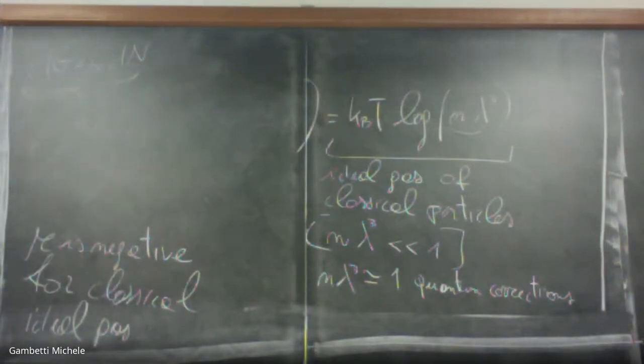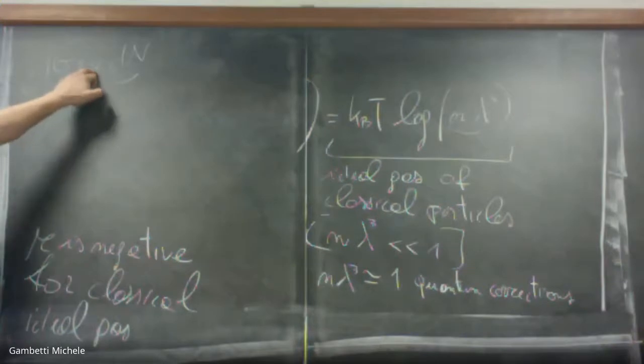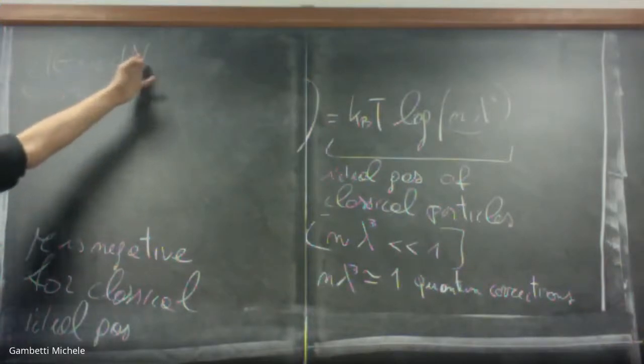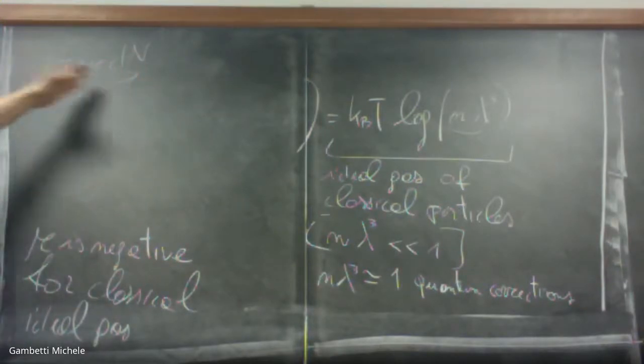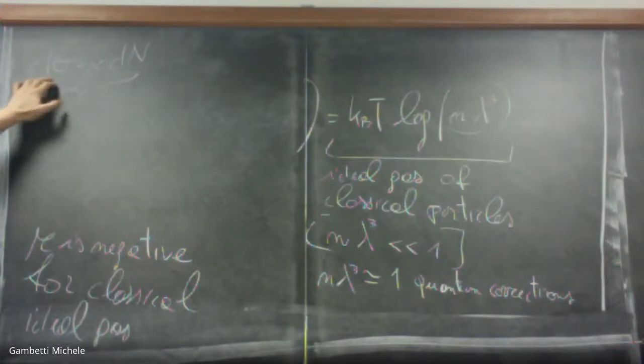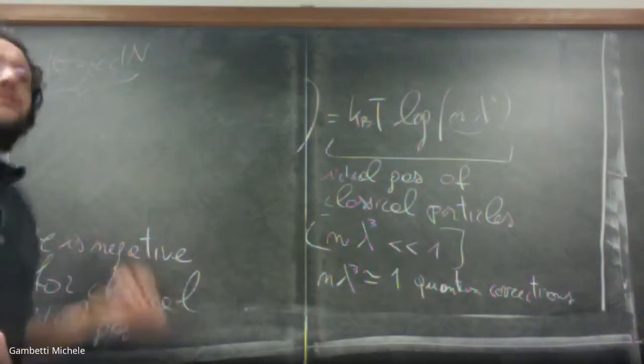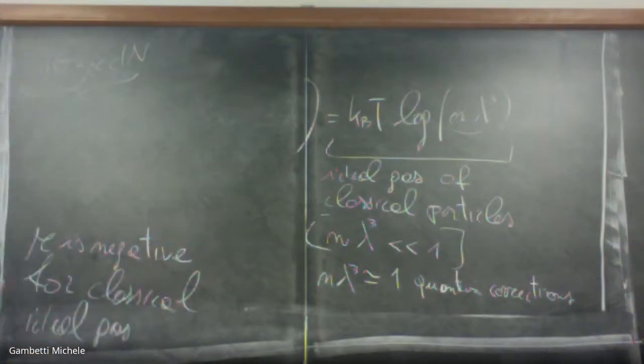If mu is negative, when you add particles, that lowers the Gibbs free energy. So that is good. This is the first thing I want to say.